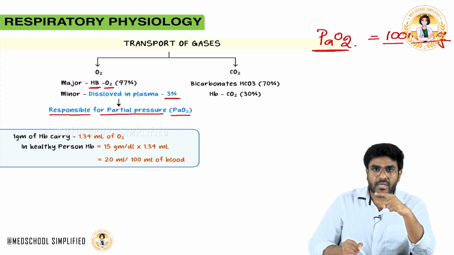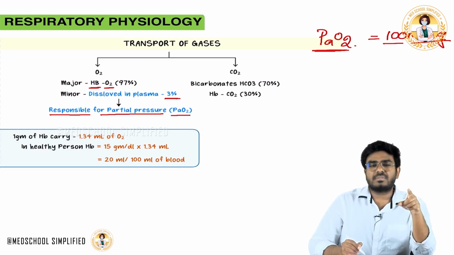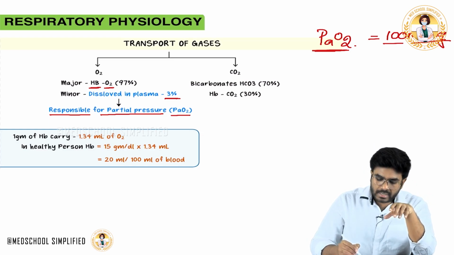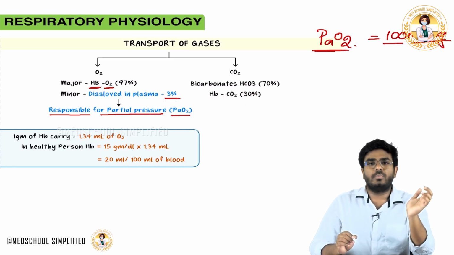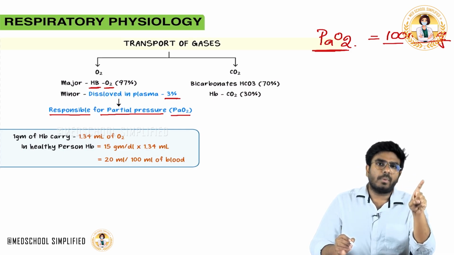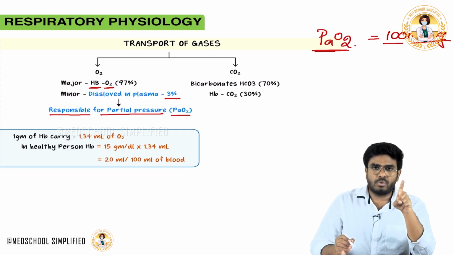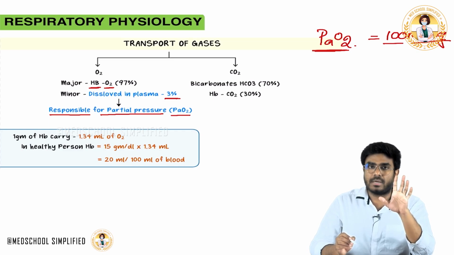Carbon dioxide will be converted into bicarbonates, and these bicarbonates are traveling in the plasma. And 30% of the carbon dioxide will bind with the hemoglobin, that's carboxyhemoglobin. So what is the major transport form of carbon dioxide? Most of the carbon dioxide is transported in the form of bicarbonate ions in the plasma.